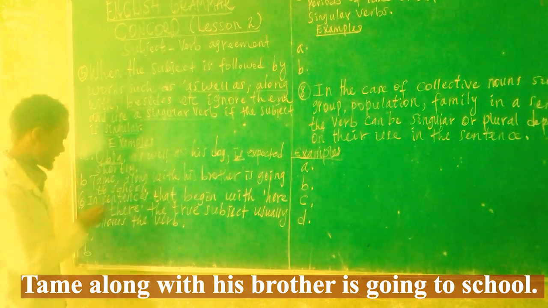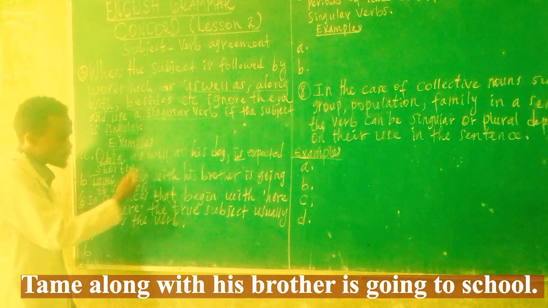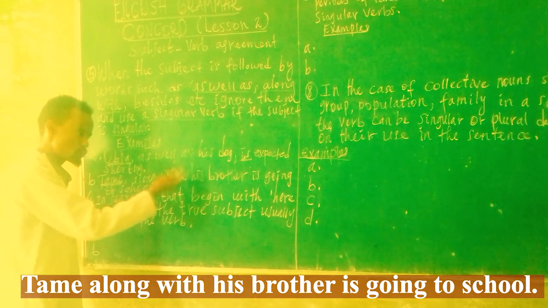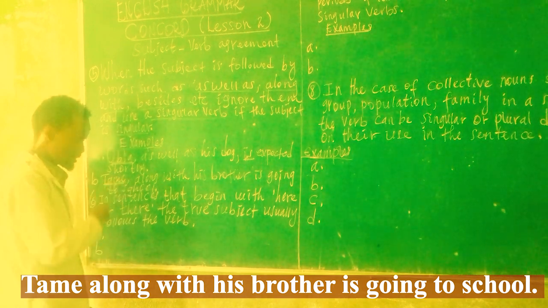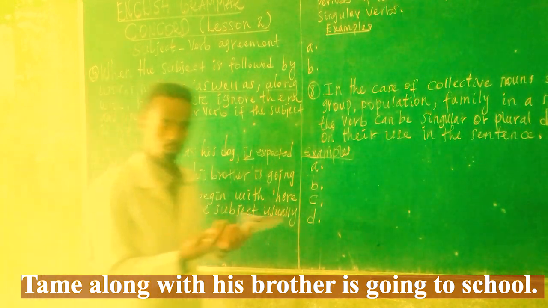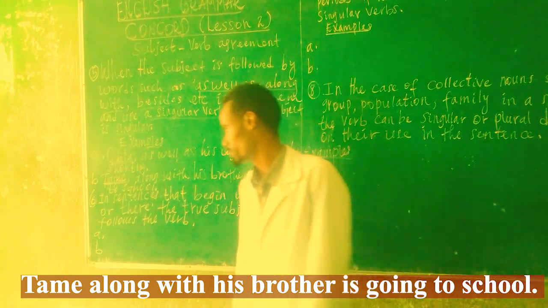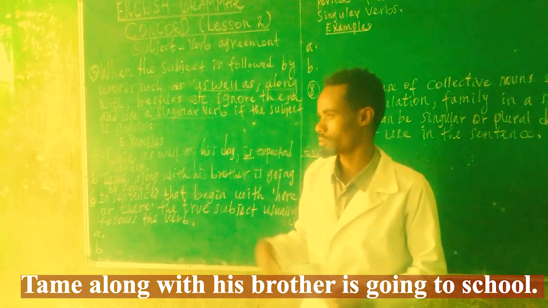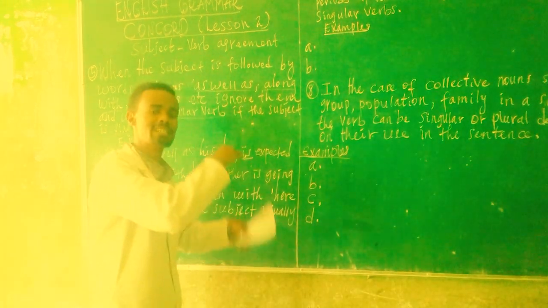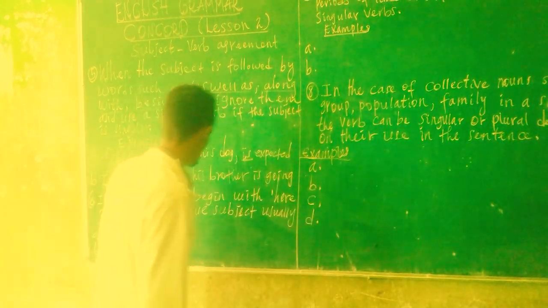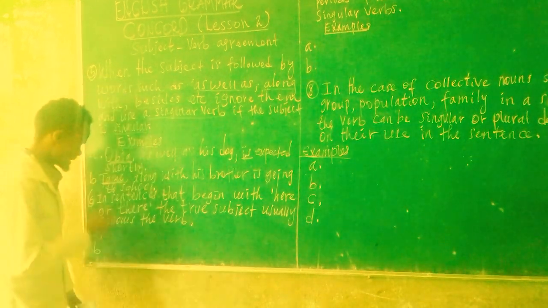When we say this, we see the subject, and the noun next to along with is ignored. We have to make the verb agree with the subject. So when our subjects are followed by these words, we ignore the word that comes after them, and we use the singular verb if our subject is singular.